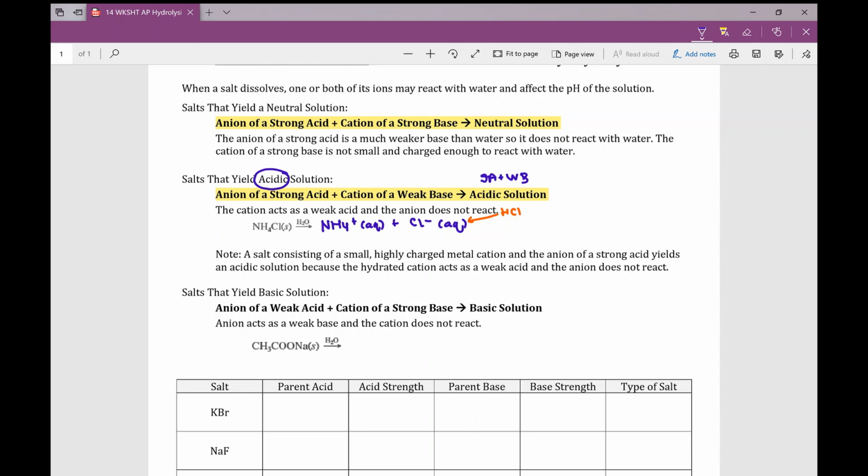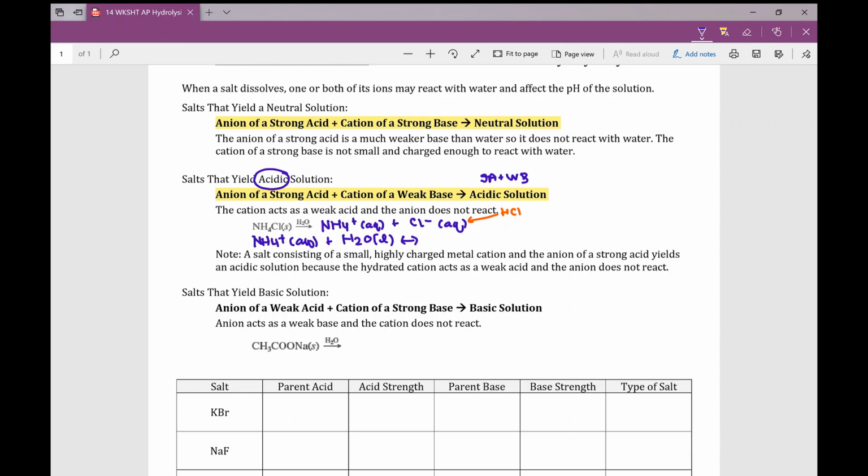So the chloride ions can't interact with water, because if it reforms HCl, HCl is a strong acid, so it immediately ionizes back to chloride ions. So the chloride ions aren't able to interact with the water molecules and affect the solution's pH at all. However, the ammonium ions, the cation of the weak base, will. The ammonium is going to interact with water.